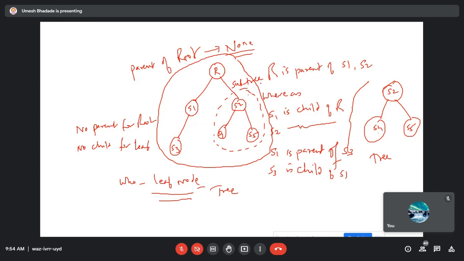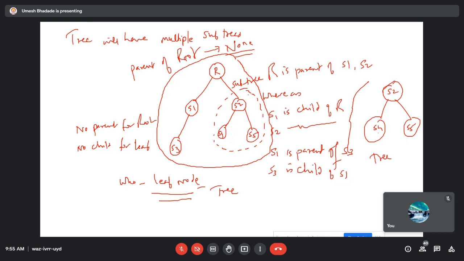इसको क्या बोलेंगे? Subtree. That means a tree will have multiple subtrees, है ना? The tree is composed of multiple subtrees.